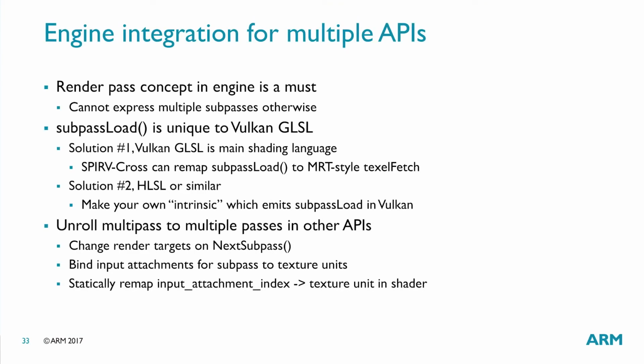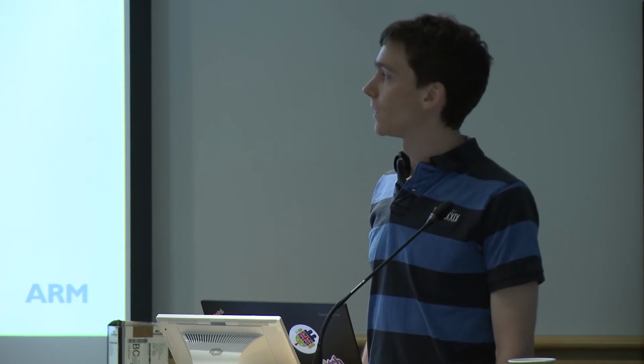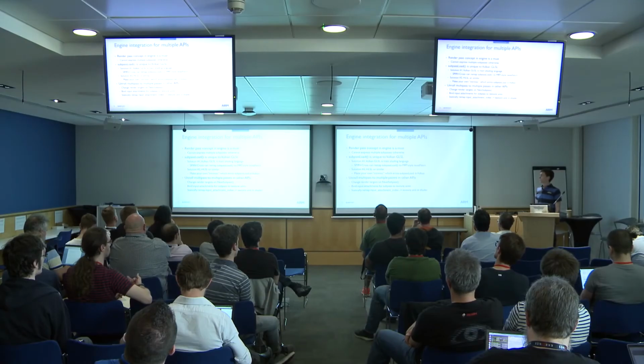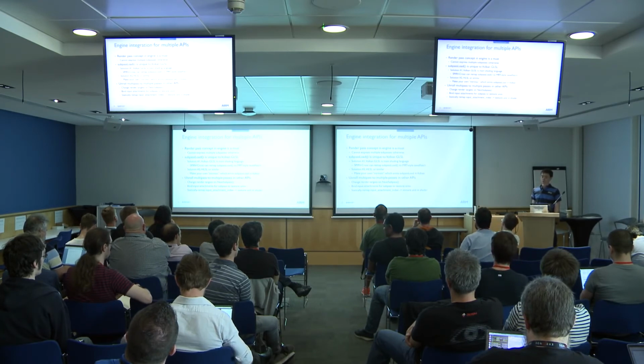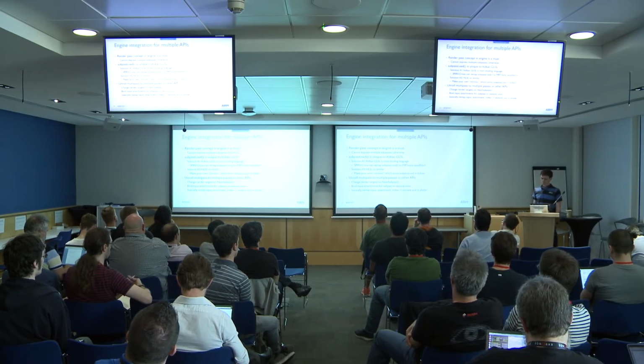Supporting multipass across multiple APIs can be difficult, especially if you want to preserve feature parity between the APIs. So we found that having this concept of render passes at a higher level in the engine was a must-have, since it was quite easy to make this also work in things like GL.